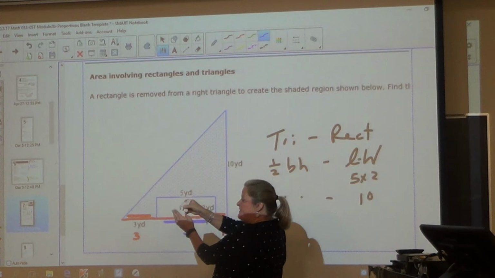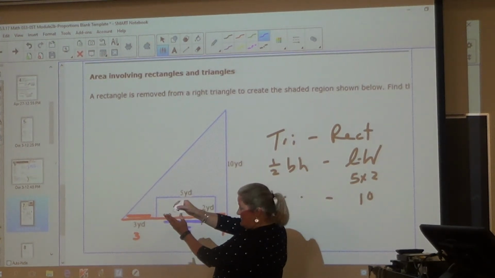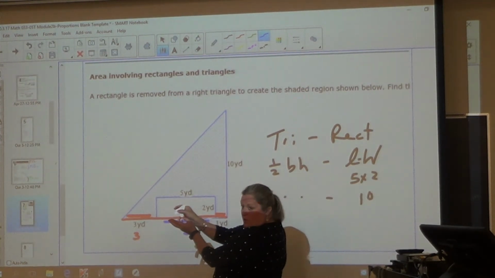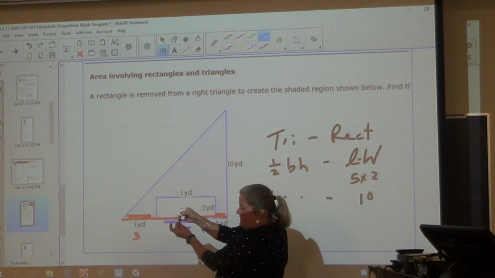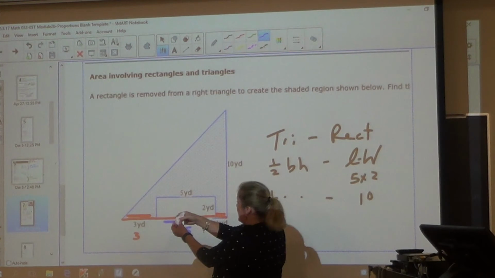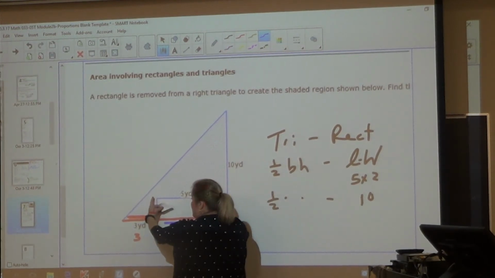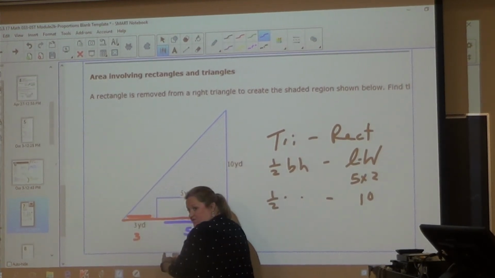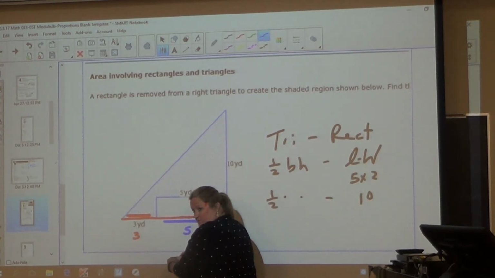So, this has a base that's 3 there and 1 there. You with me? This piece right there that I took out, if it's 5 on the top and it's a rectangle, do you agree that it's also 5 on the bottom? Yes.